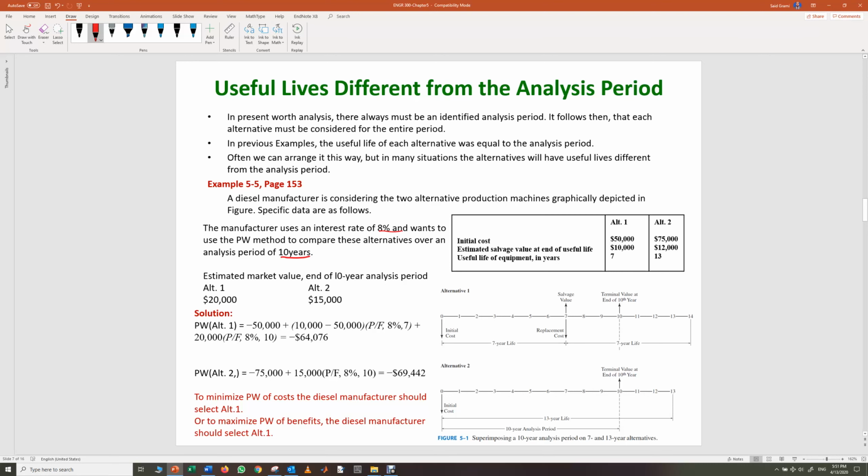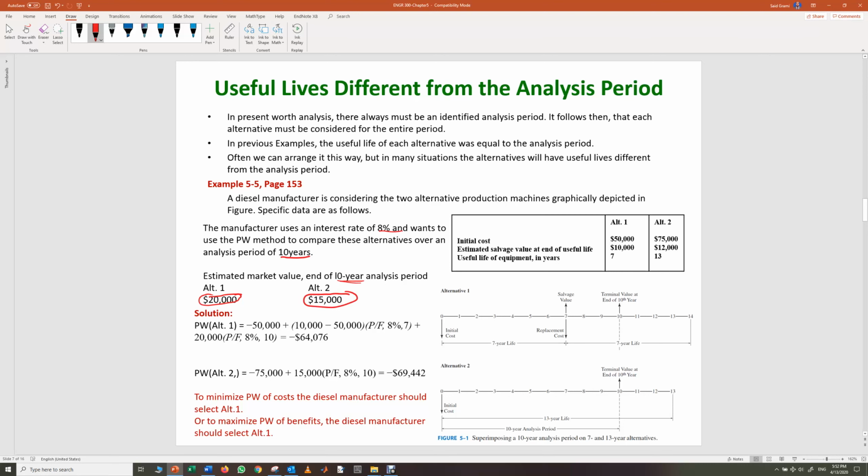Estimate market value after 10 years. For alternative 1, the machine has an estimated market value of 20,000, and for the second alternative 15,000. This is after 10 years. Okay, so if we would like to draw the cash flow of this situation, we have the initial cost, of course, and after the 7-year life for alternative 1, we have a replacement cost.